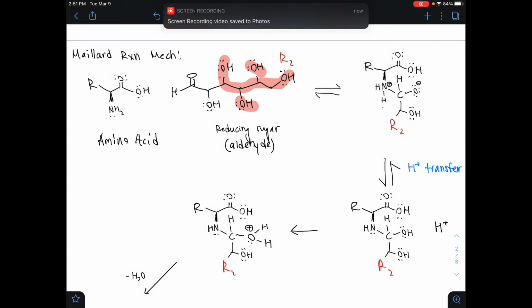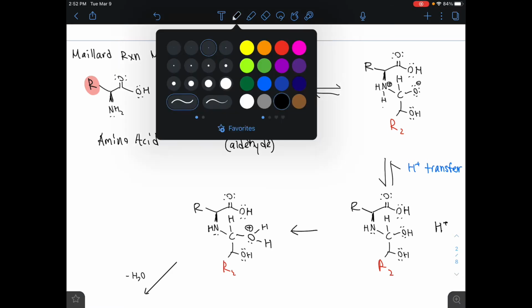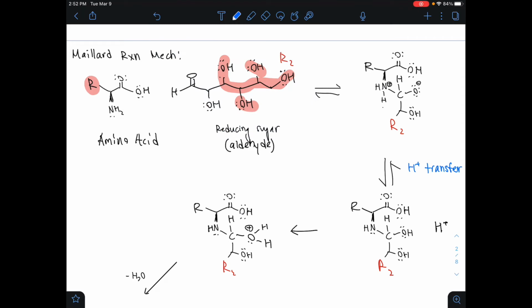The Maillard reaction occurs between an amino acid, in this case a generic amino acid with this R group, and a reducing sugar. In this case, it has an aldehyde group, and to simplify things, I have indicated it as R2. For the first step, the lone pairs on the amine group of the amino acid act as the nucleophile, and attack this carbon center, and these double bond electrons move up.